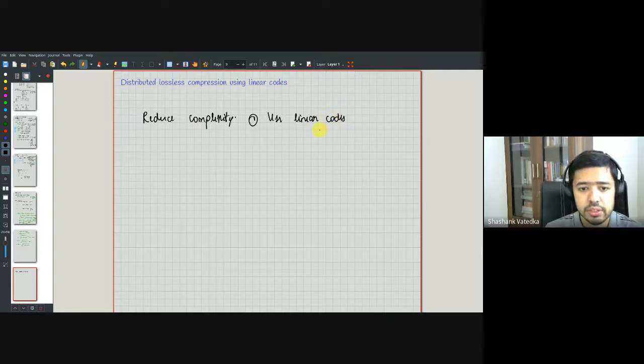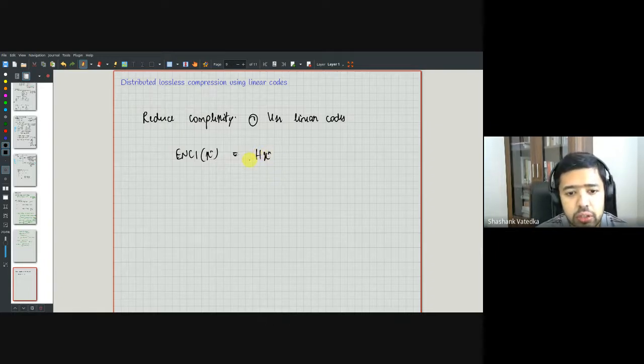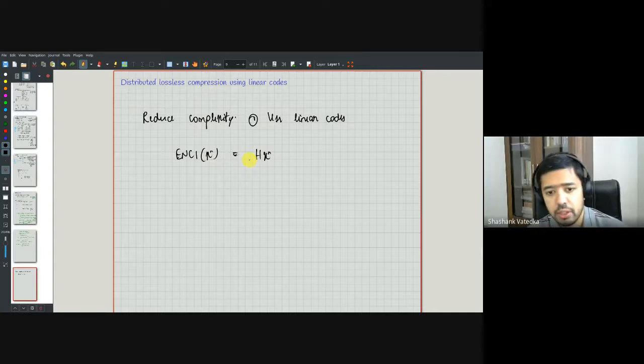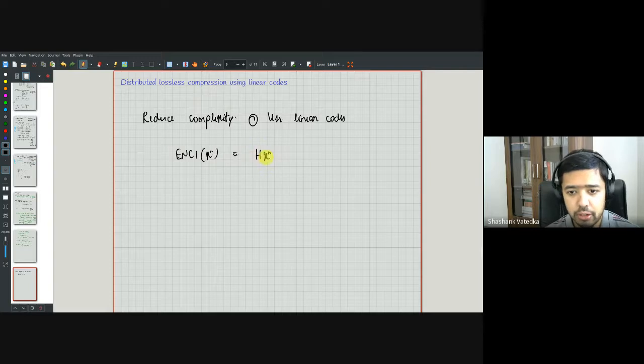And the way this works is the following. The encoding of each x^n or y^n is obtained by multiplying by some matrix. So the compressed file is going to be obtained this way.